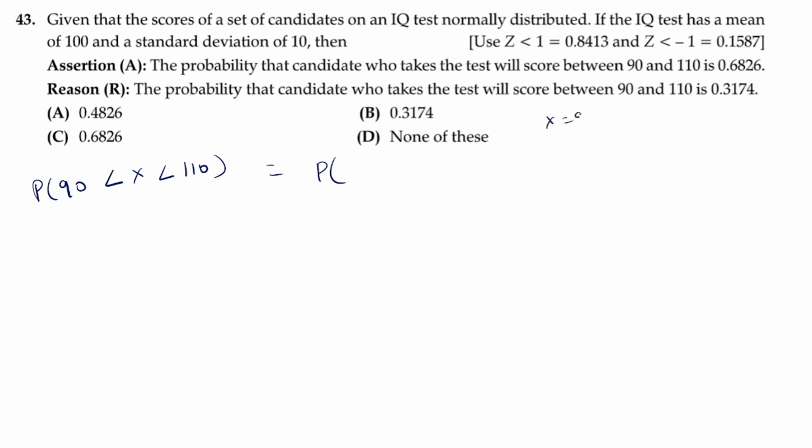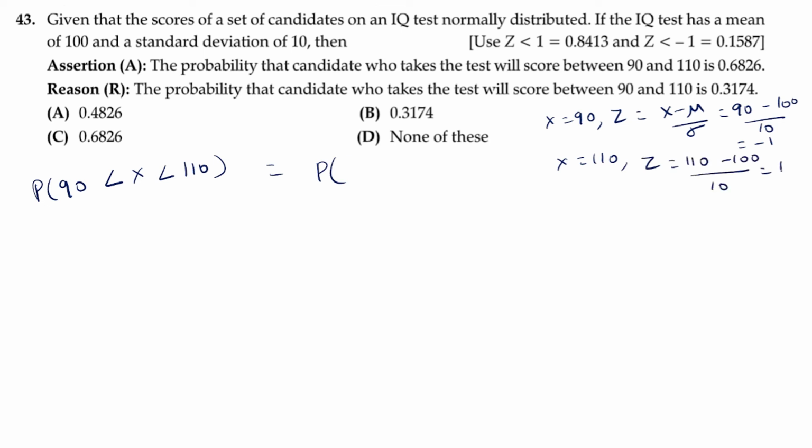For x equal to 90, the z score is (x minus mu) by sigma. So it is (90 minus 100) upon 10, so it is minus 1. And for x equal to 110, z is equal to (110 minus 100) upon 10, so it is 1. So probability of 90 less than x less than 110 will be probability of minus 1 less than z less than 1.